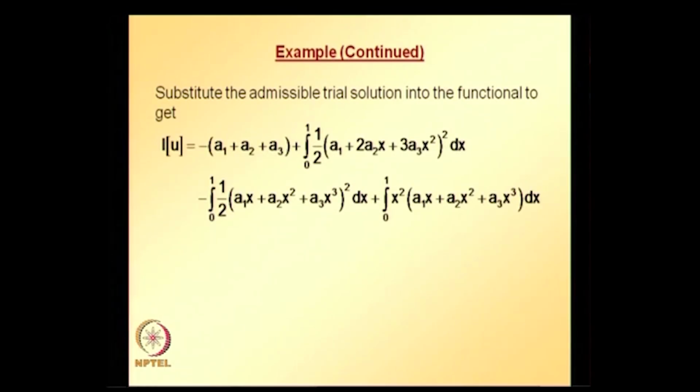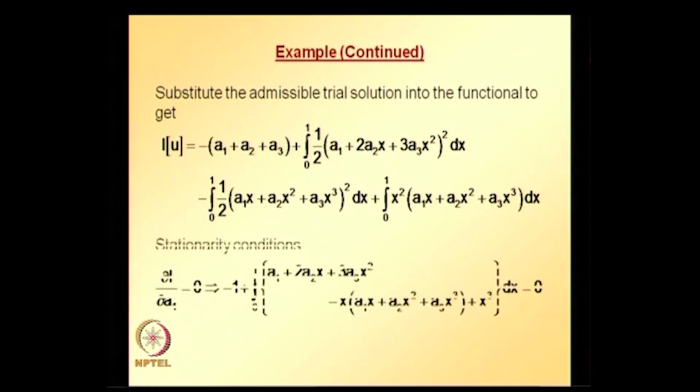Directly taking that equivalent functional, the admissible trial solution is substituted into it. Now the functional becomes a function of a1, a2 and a3, three unknown coefficients. A function of a function is called a functional, which you should just remember. Now apply the stationarity condition.